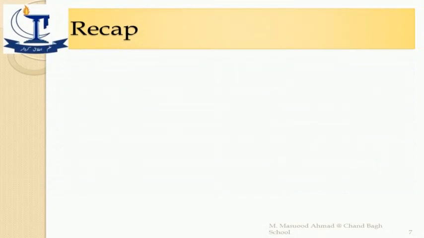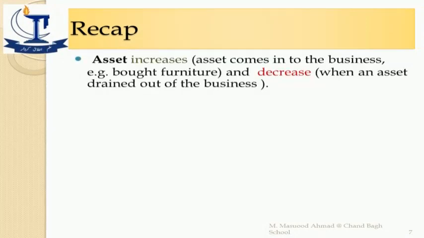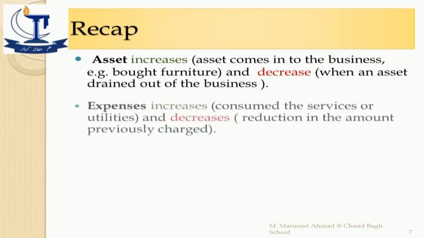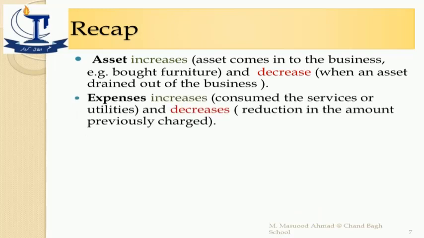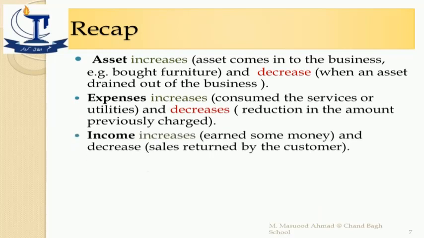So let's recap all the discussion here. Assets increase when assets come into the business, for example bought furniture, and decrease when an asset drains out of the business. Expenses increase when you consume services or utilities, and decrease with a reduction in the amount previously charged.